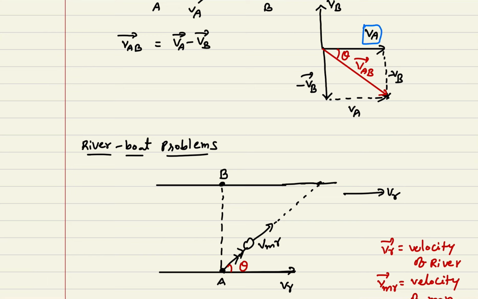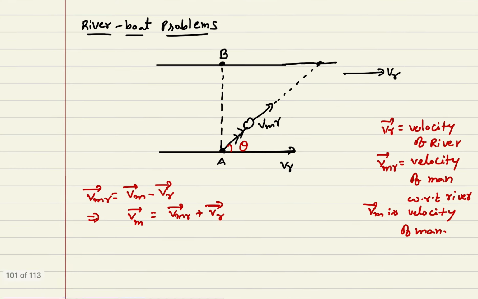Now you can see our main result. This is the velocity of A and minus the velocity of B, and we have seen the resultant velocity between A and B. In this case my resultant velocity is VM bar. Velocity of the river is to the right side, and the velocity of the man is going like this.